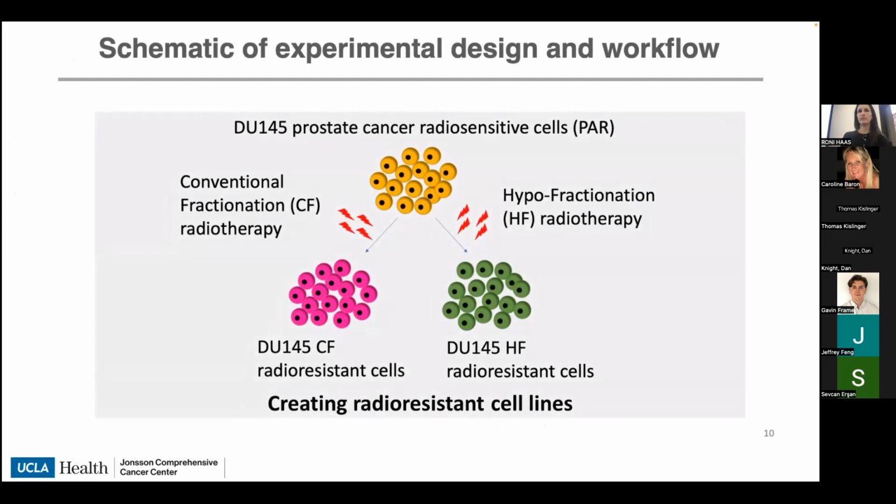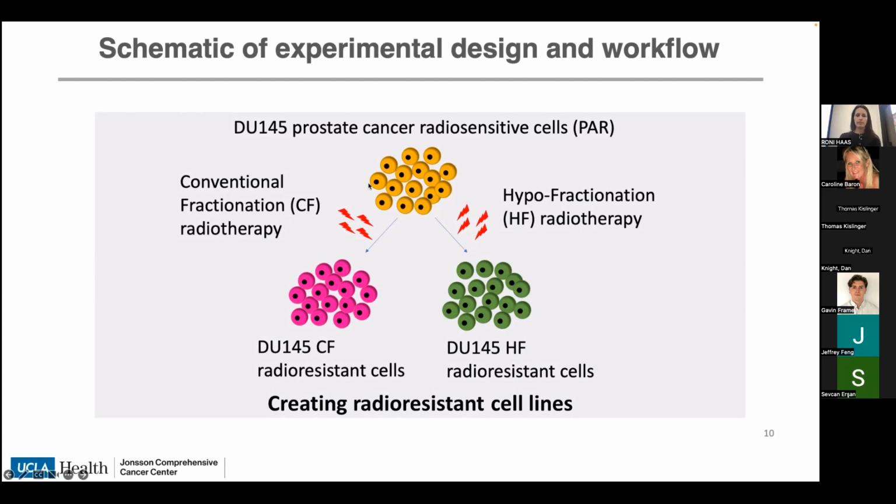So what we wanted first was to characterize the biomolecular determinants of radioresistant prostate cancer. And then we also wanted to test the differences between the radioresistance that is generated after a CF treatment compared to HF. In collaboration with Dr. Stanley Liu and Dr. Thomas Kislinger from Toronto University, we were able to model radioresistance using cell lines and to characterize them.